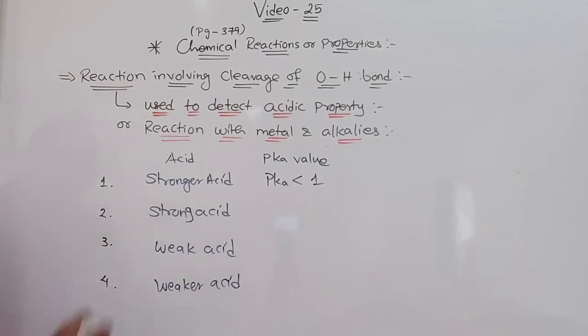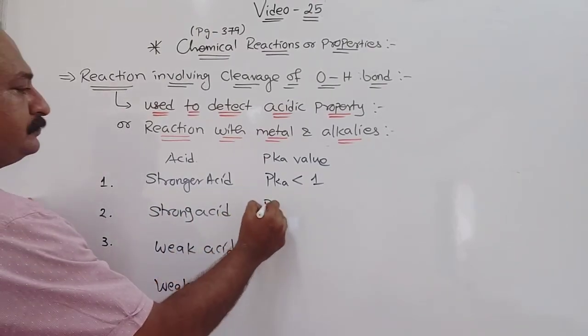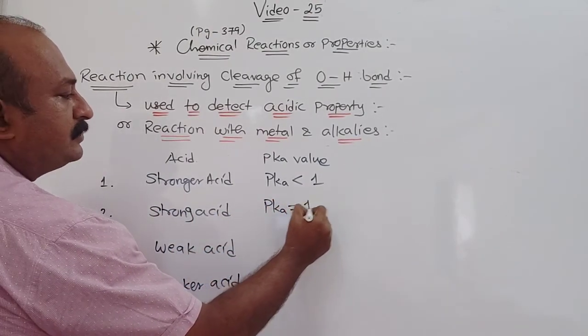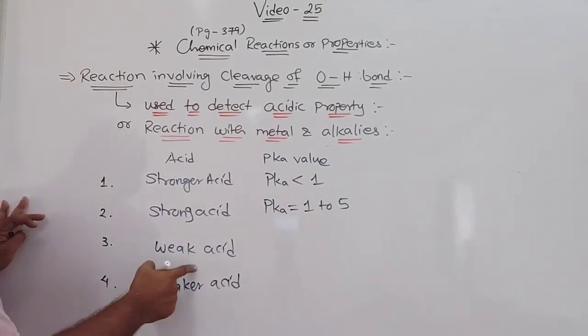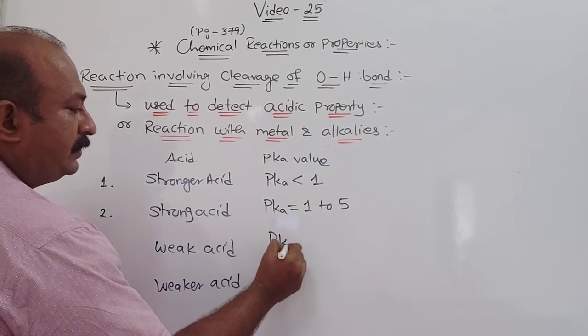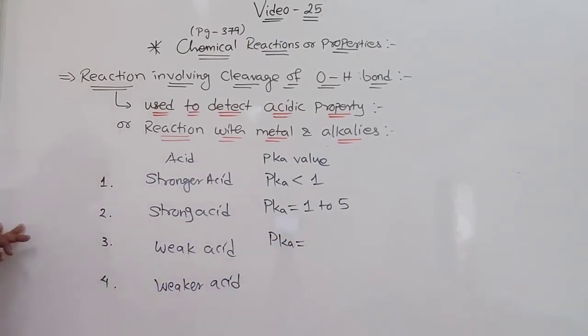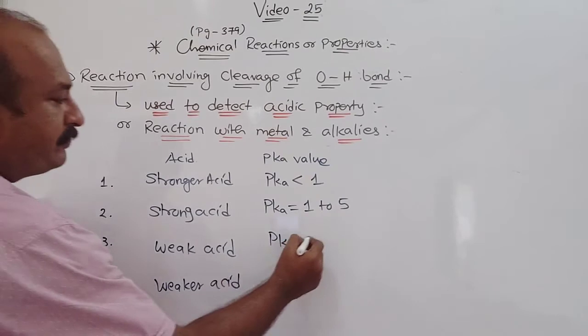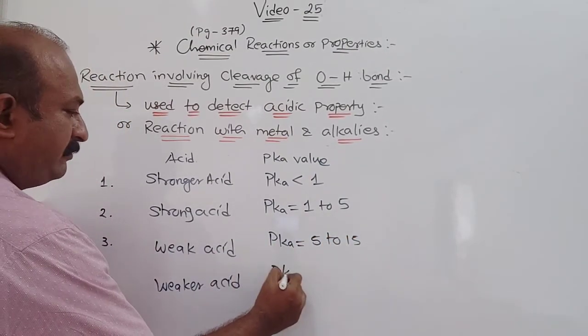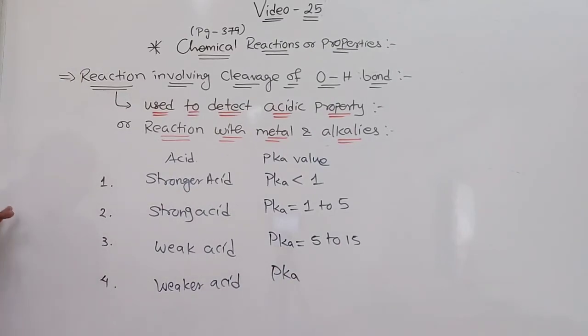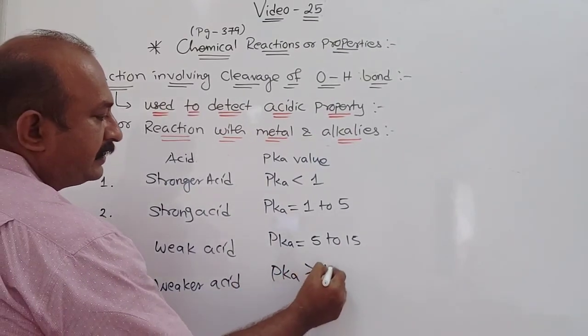Clear? Strong acid means pKa value between 1 to 5. Understood? Then weak acid means pKa value 5 to 15, a higher value means weak acid, and weaker acid is pKa value greater than 15.